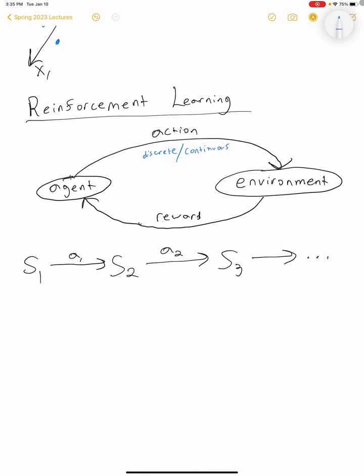The reward is usually a number. The state is usually represented as a collection of numbers. Think a vector or a matrix.